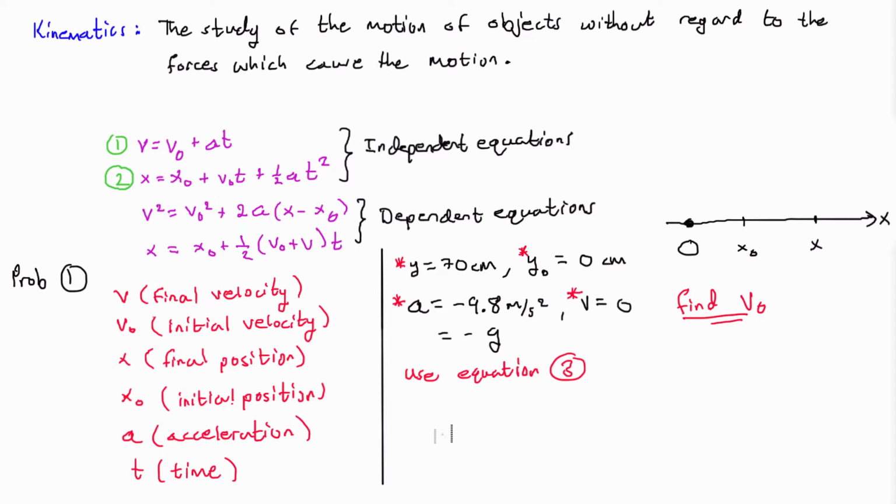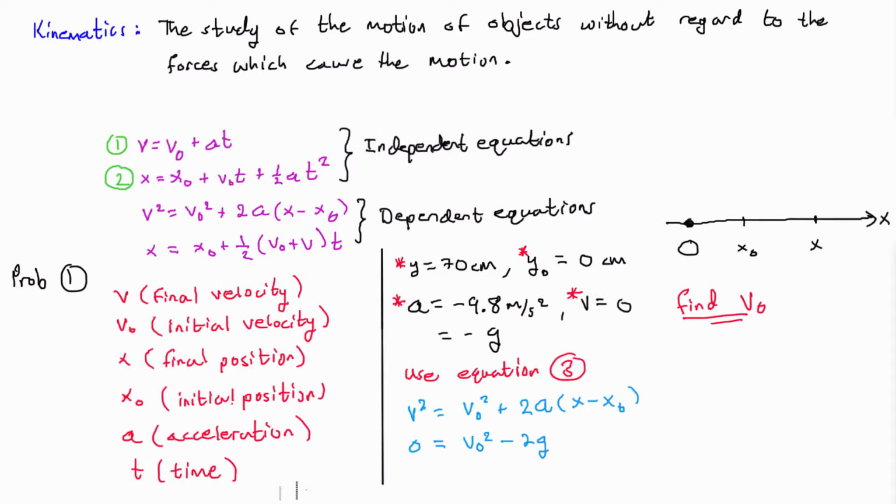Okay, so try to solve for V0 using equation 3. So we have V squared is equal to V naught squared plus 2 times A times X minus X0, correct? If we substitute the values, we know V is going to be equal to 0, right? So we have 0 is equal to V naught squared. And then A is just negative G, so we have minus 2G.